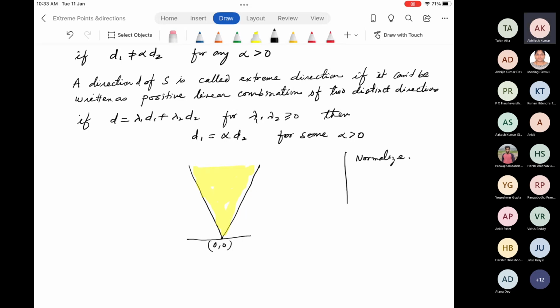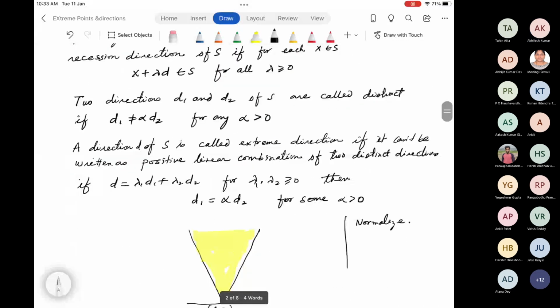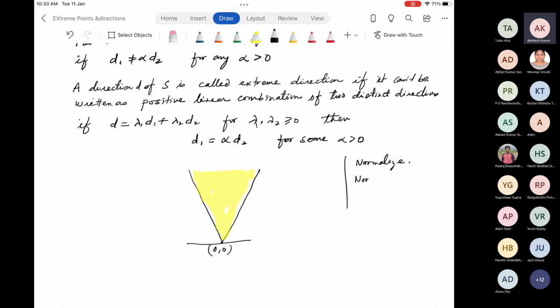By normalizing, we mean that the norm of each direction is equal to 1.